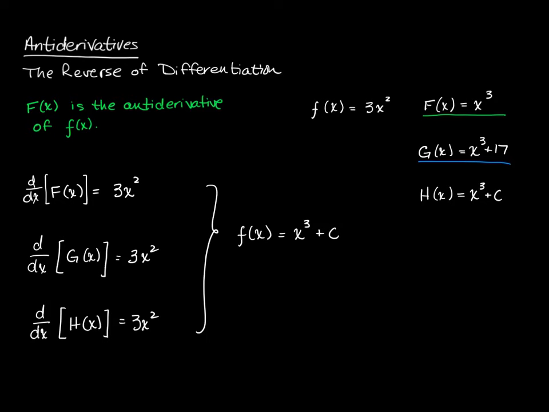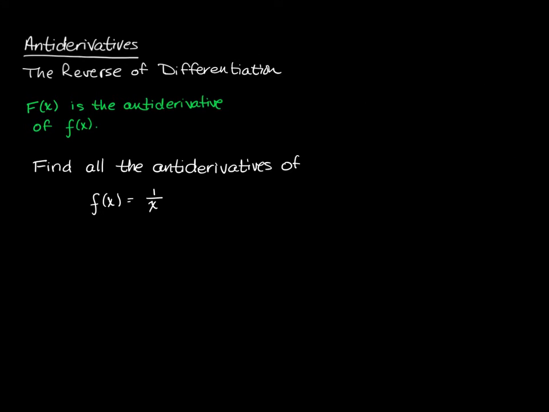Let's do another example. This question asks us to find all the antiderivatives of the function f of x equals 1 over x. What's going to be important moving forward in this class is that you recognize not only how to take a derivative, but what that derivative is and what the function was that gave that derivative. That's really the hard part.